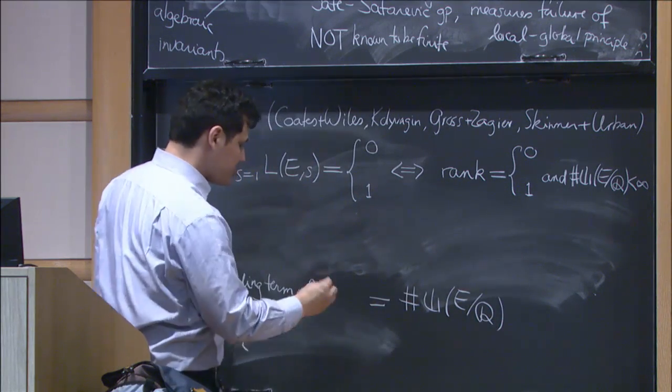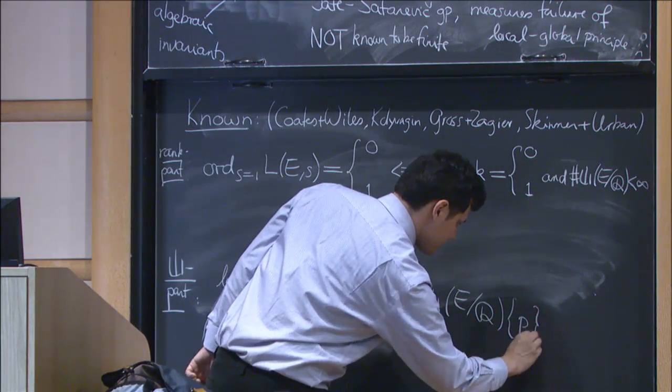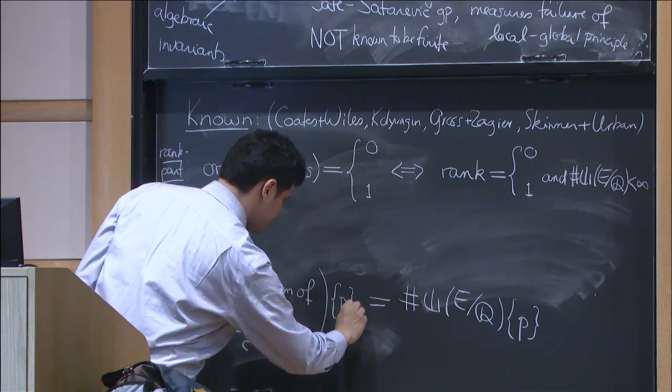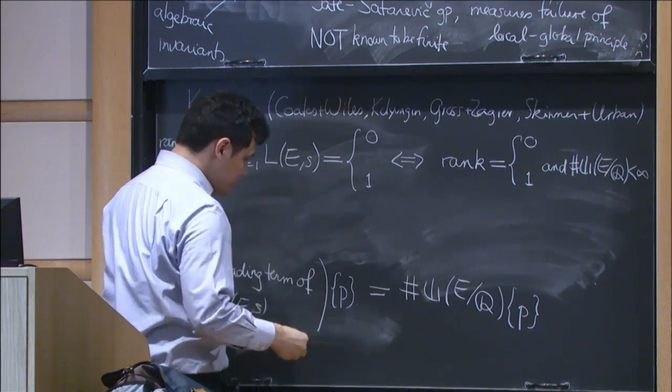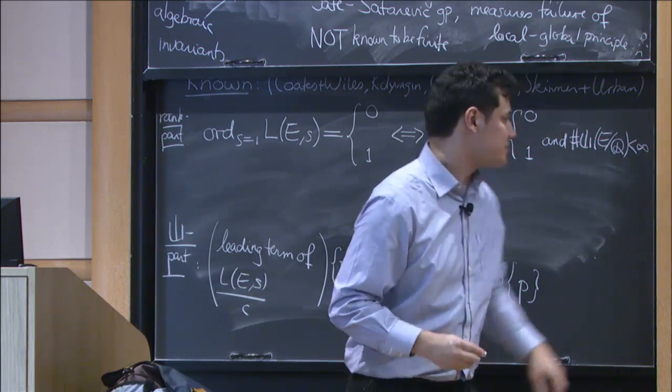Well, this is a little bit too good to be true, but we want to at least know whether the p primary part, so the p part of this, is the same. And it is the same if this equality is known.